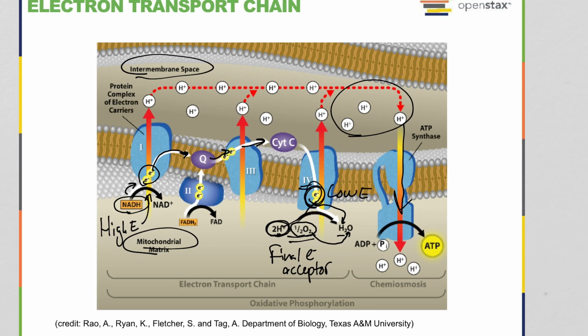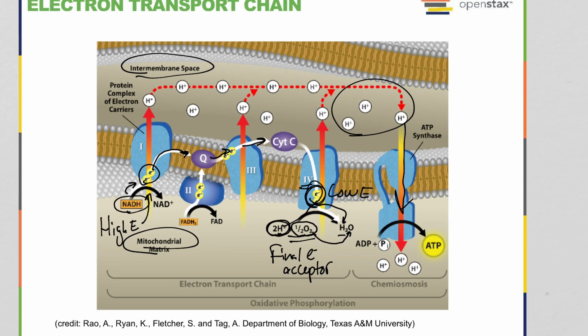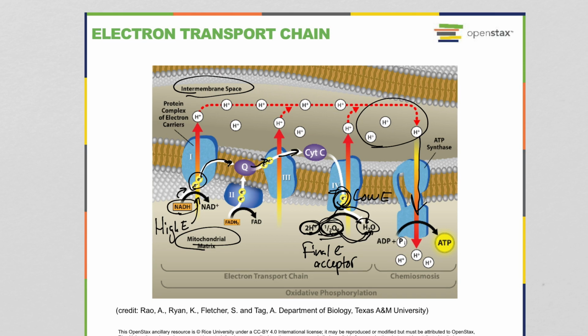So when you see your big picture chemical reaction saying, right, glucose plus oxygen yields CO2 and water, the CO2 we lost back in Krebs cycle and pyruvate oxidation. This is where we're using our O2, and water is just the waste product. This water is just going to go into circulation, into cells, and eventually be eliminated from the body as a waste product. And so in the end, we get a lot of ATP here, right?